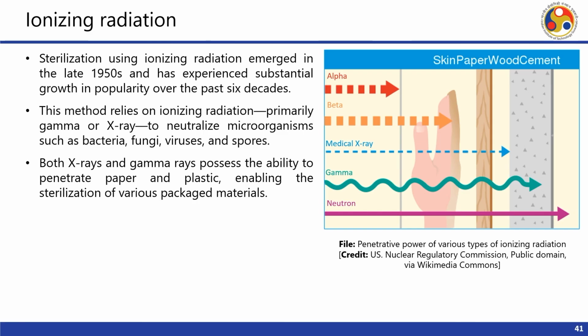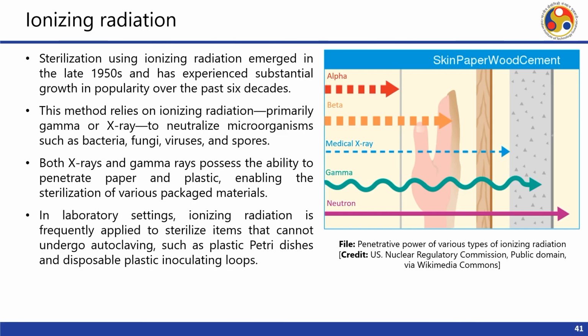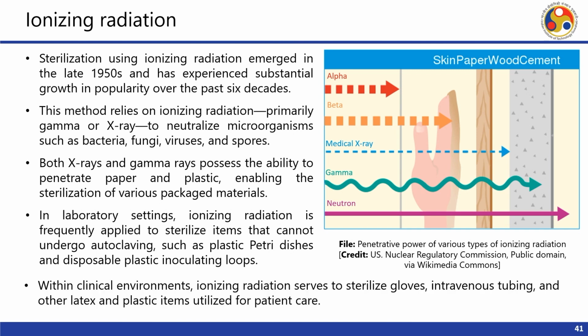Both the X-ray and gamma rays possess the ability to penetrate paper and plastic, enabling the sterilization of various packaged material. In laboratory settings, ionizing radiation is frequently applied to sterilize items that cannot undergo autoclaving, such as plastic petri dishes and disposable plastic inoculating loops.